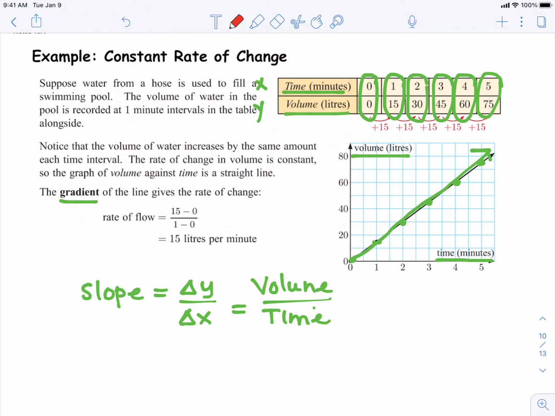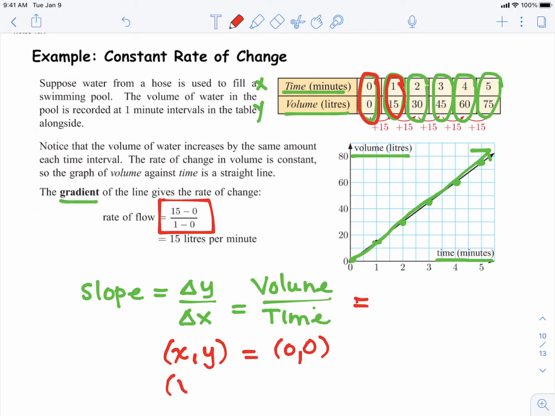This example says work with the ordered pair 0, 0 and 1, 15. So you would work with x and y being 0, 0, and then the other ordered pair would be 1, 15, and you would subtract them.